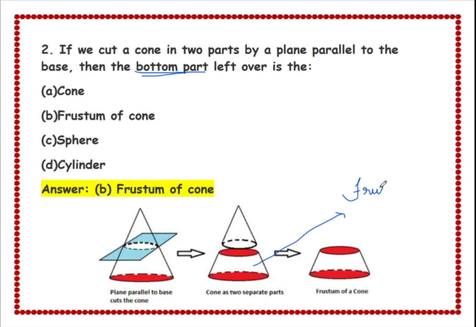Therefore, the correct answer is option B, frustum of cone. Students, make a point. If we cut a cone parallel to base by a plane, the upper part is called as cone. The bottom part is called as frustum of cone.